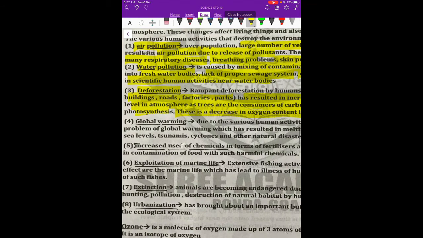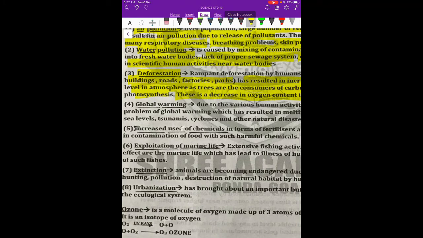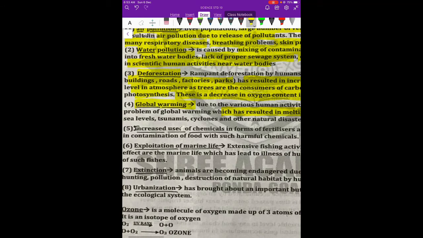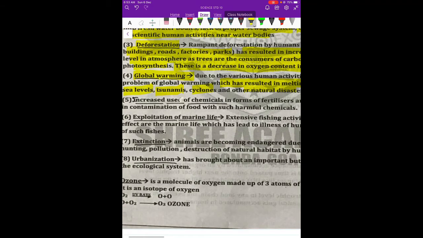So we are having damage in two ways. Next comes global warming. Now this is directly related to the taking away of green cover, and because of this, global warming has resulted due to greenhouse gases, and this is the reason which has resulted in melting of the ice caps, increase in sea levels, tsunamis, cyclones, and other natural disasters. This is creating havoc in the world.